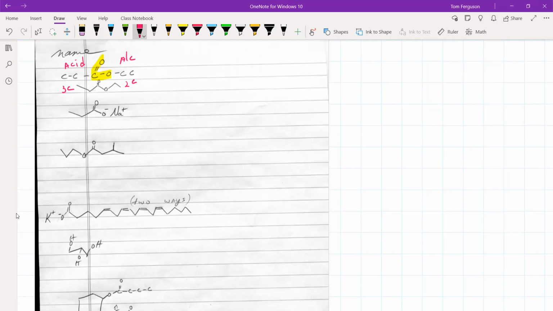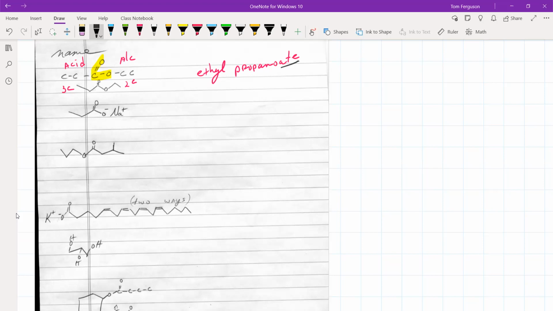So we're going to name the alcohol first, which would be ethyl. And we're going to name the acid part. Okay, so that's the ATE denotes an ester.